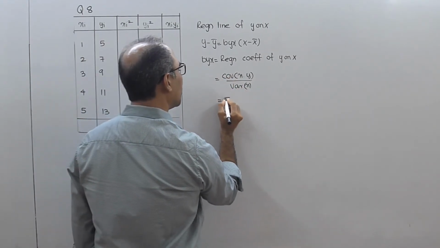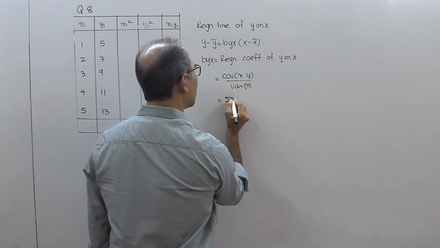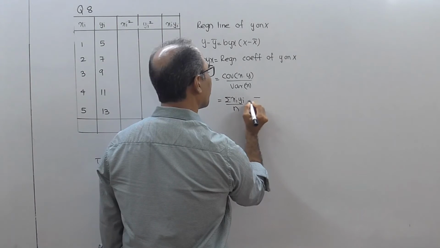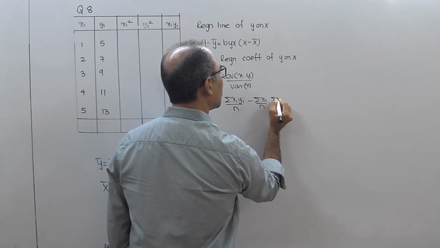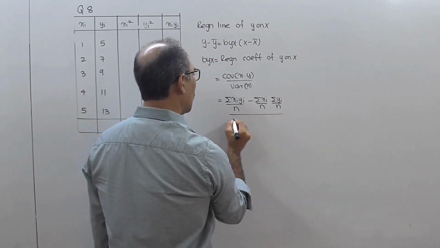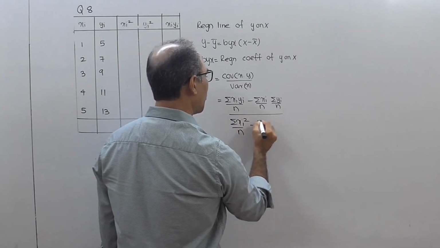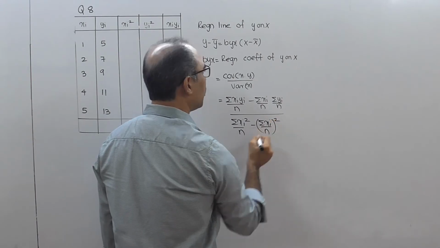I think the numbers are small, so we can use the formula sigma xi yi upon n minus sigma xi upon n sigma yi upon n, the whole upon sigma xi square upon n minus sigma xi upon n the whole square.